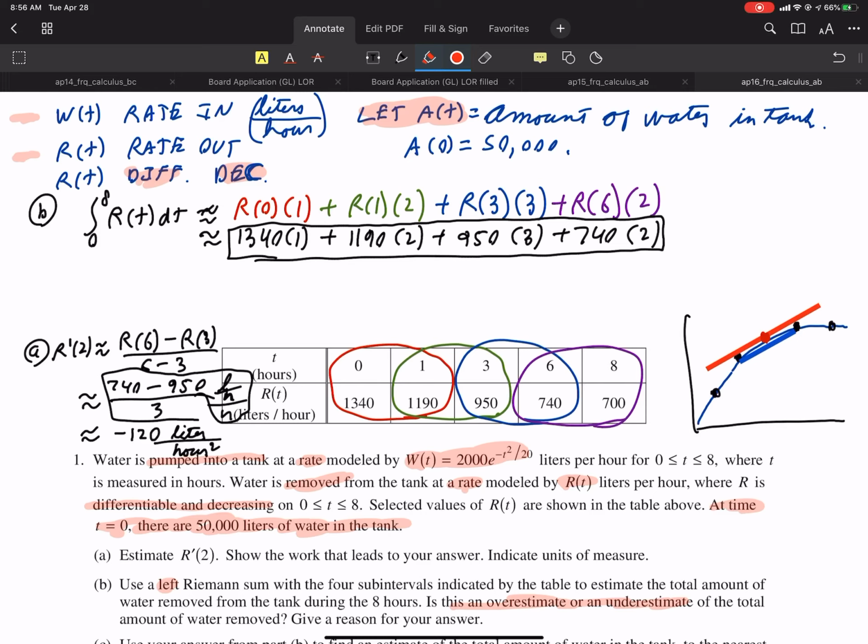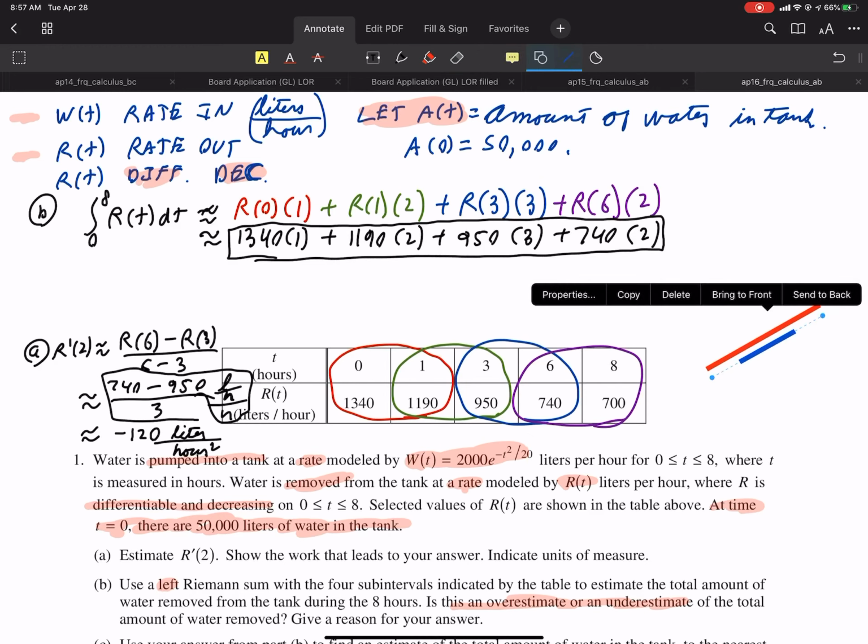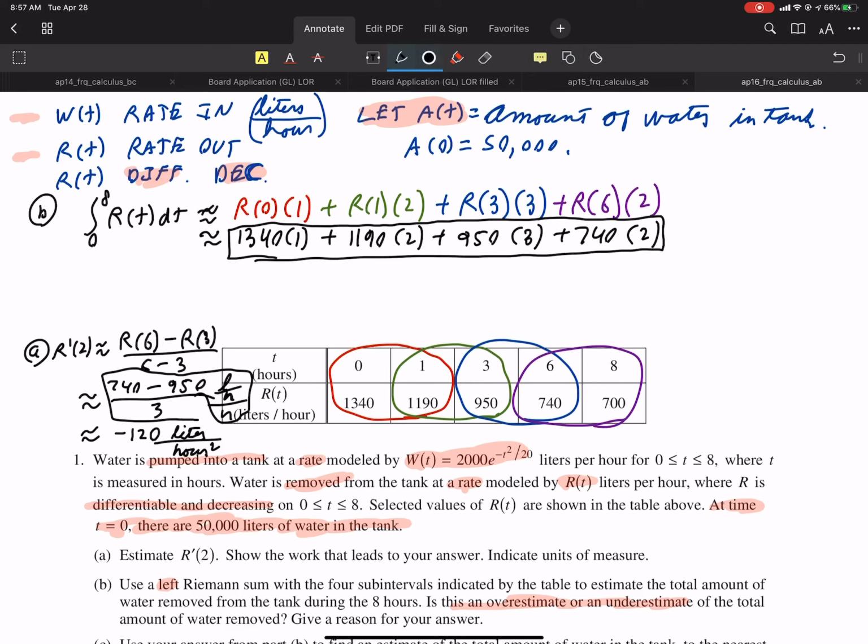So I'm going to draw and let you understand this. Let me get rid of these things. So is it over or under? What tells us that? There's 2 properties that often deal with over or under: concavity and increasing, decreasing.